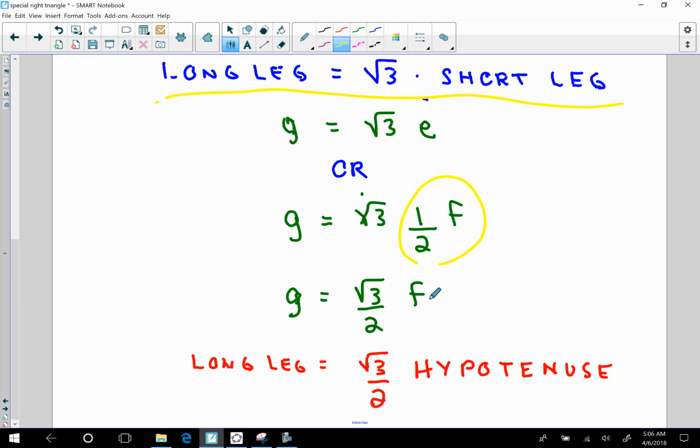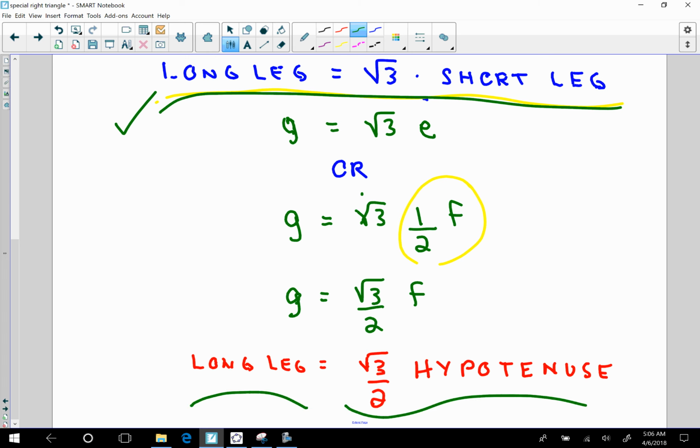So there are two things that we can say about the long leg. They both are true, but if you are given the short leg, the long leg is simply square root of 3 times the short leg. But if you're given the hypotenuse, the long leg is square root of 3 over 2 times the hypotenuse.